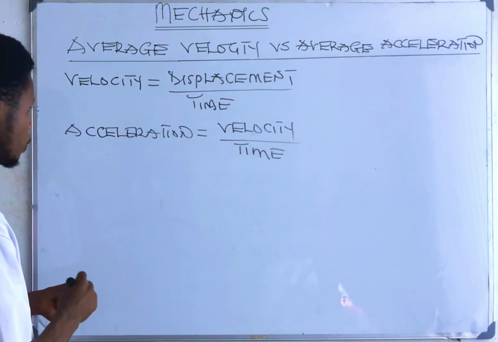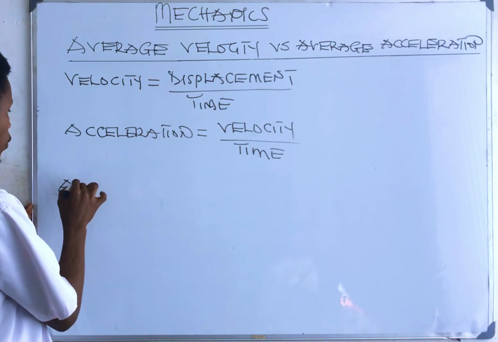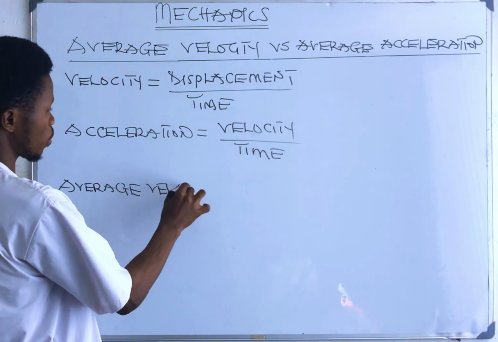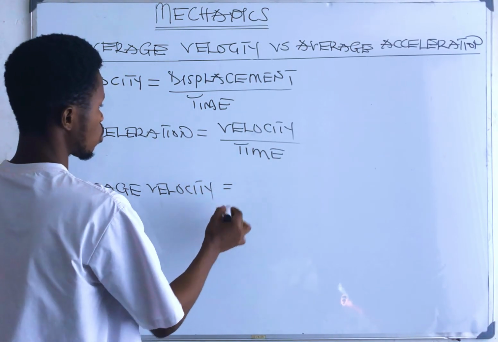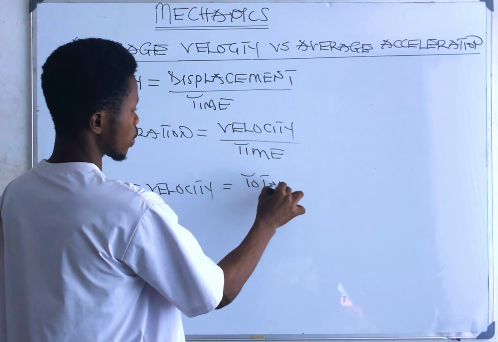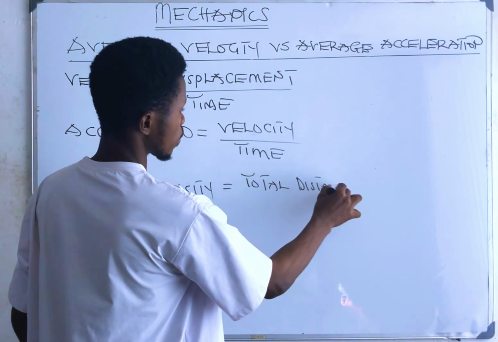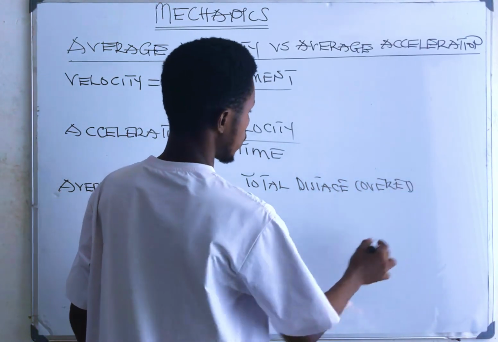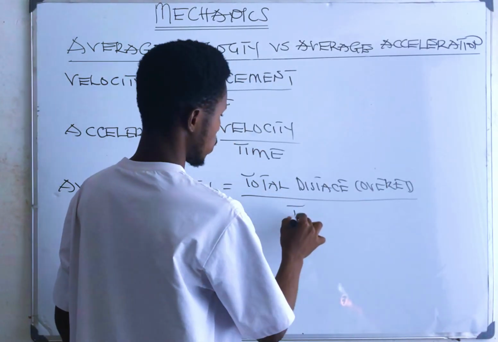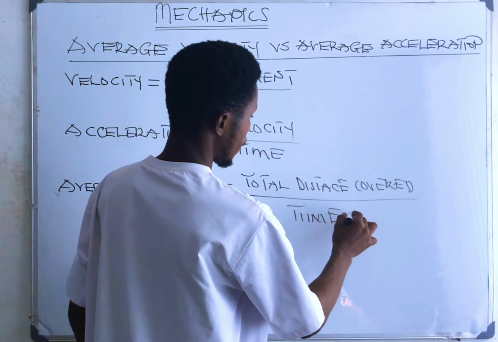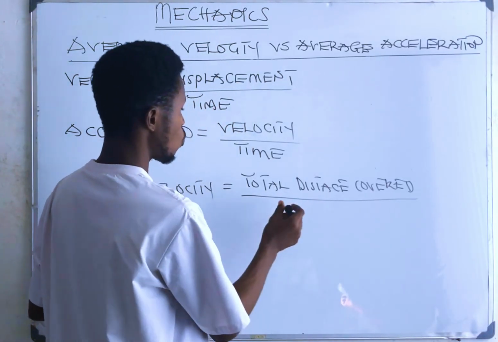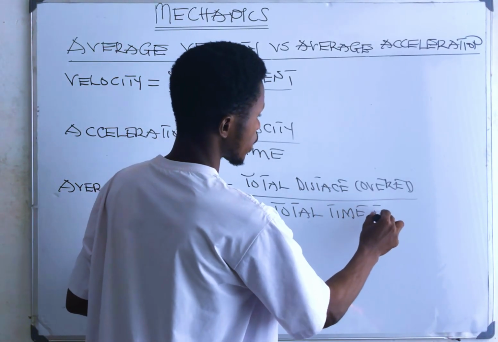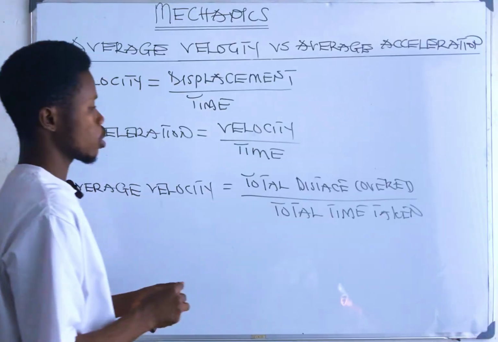So the average velocity will be equal to total distance covered over total time taken. Is that okay?